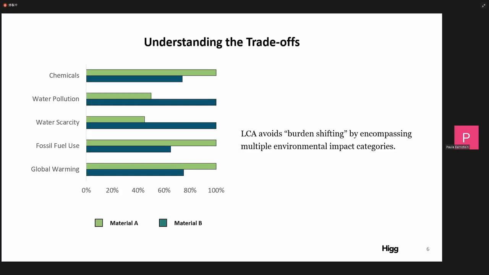So basically, by looking at multiple impact categories, it avoids burden shifting, or, maybe saying that you have lower global warming, but that might increase your impacts everywhere else. So it forces you to have a more holistic look at your product.